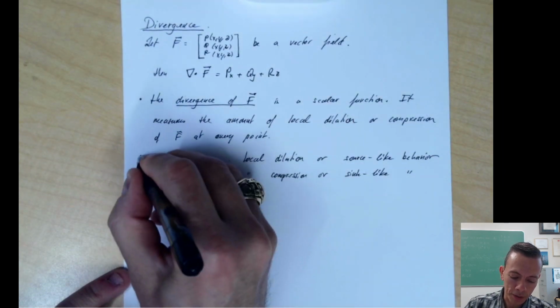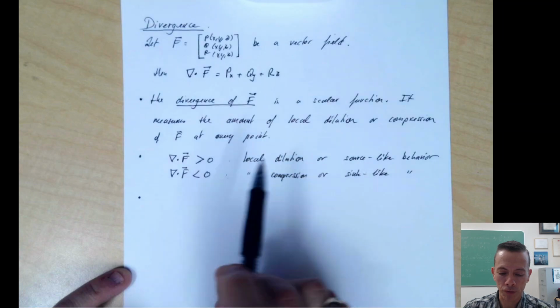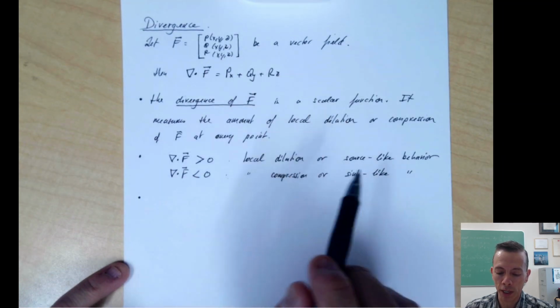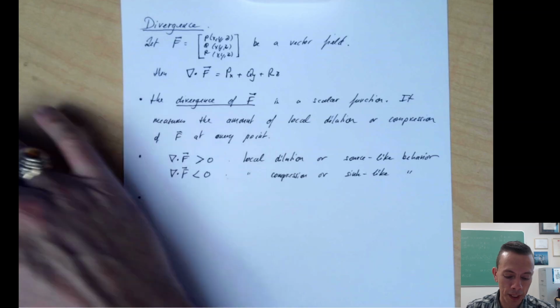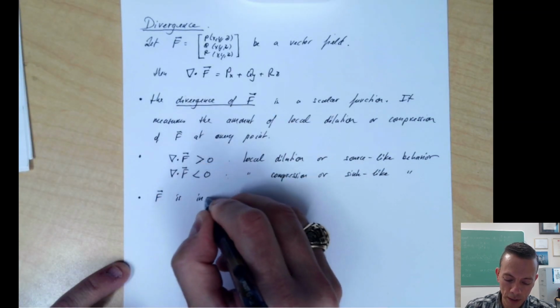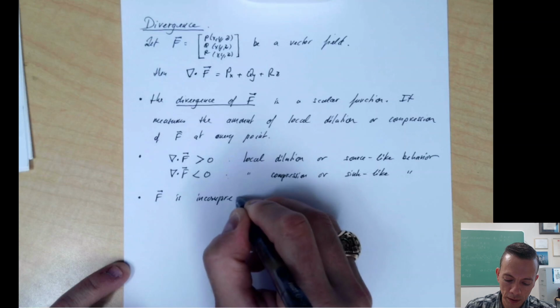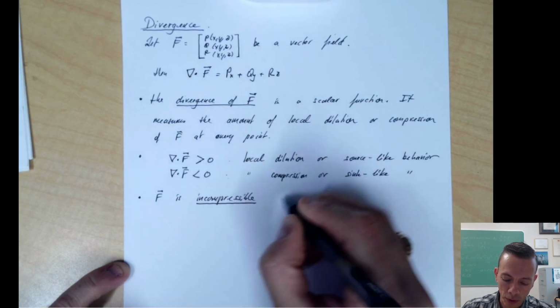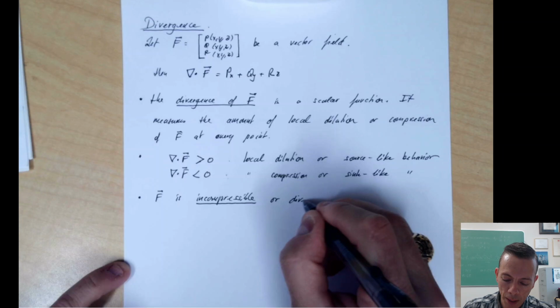Just like in the case of the curl, where some vector fields have a zero curl, some of them have the property of having a zero divergence everywhere. Those are called incompressible vector fields. Incompressible or divergence-free.